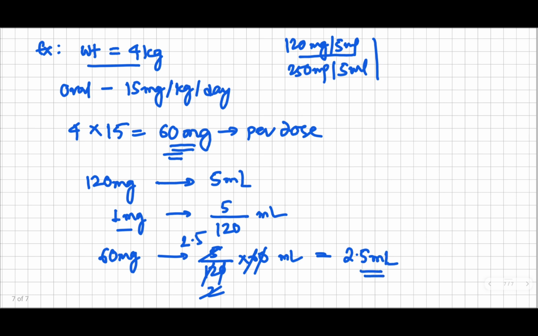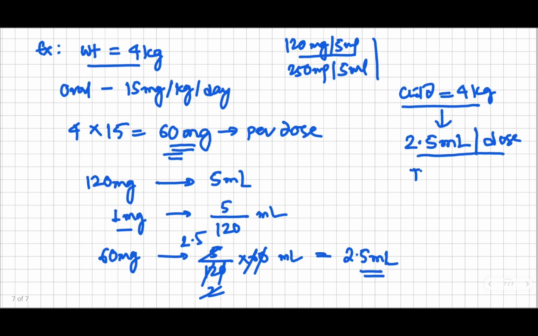So for a child having 4 kg weight, the dose will be 2.5 ml per dose. So if we are giving TDS, we will give 2.5 ml TDS. If we want to give 4 times daily, then we will give 2.5 ml 4 times daily. Fine. So we have to remember paracetamol dose calculation is done per dose, not per day. So this is one example.